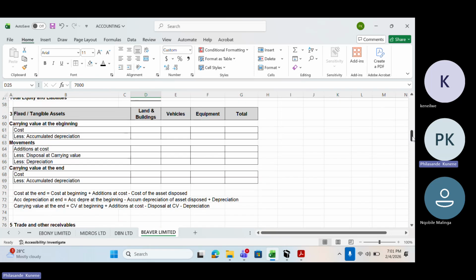All right, so here we have the balance sheet. We have land and buildings, vehicles, equipment, and the total here. So I want us to deal with this. Do we have land and buildings here?